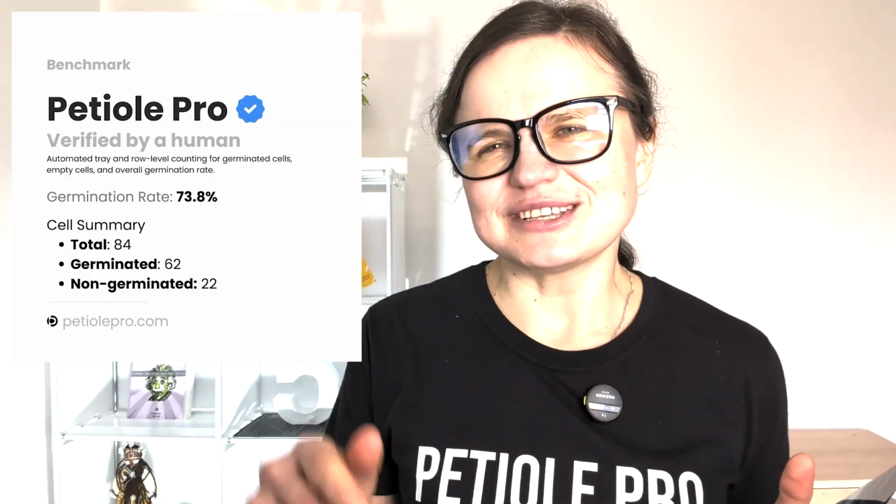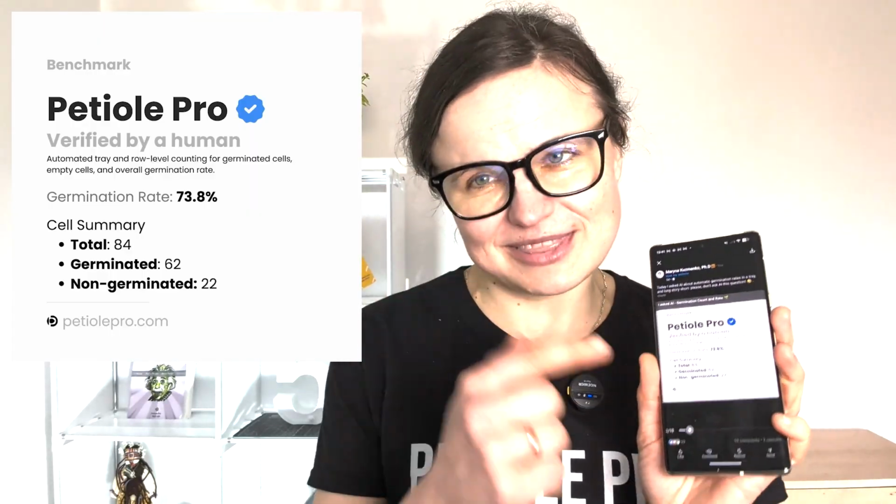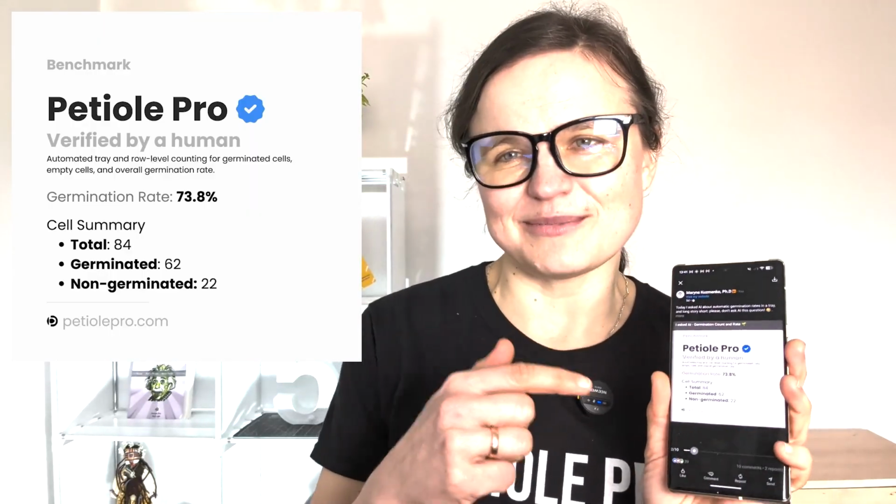There are also opportunities for classification of the seedlings and their stages, so plenty of technological opportunities, but we will stop here. It's not about PTL Pro, it's about the accuracy of publicly available models: ChatGPT, Gemini, Claude, Copilot and Grok. Let's just move to that point.